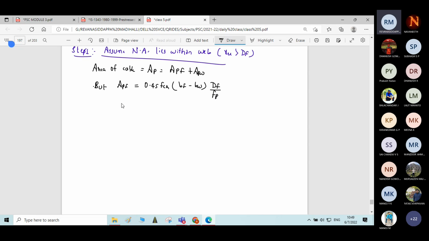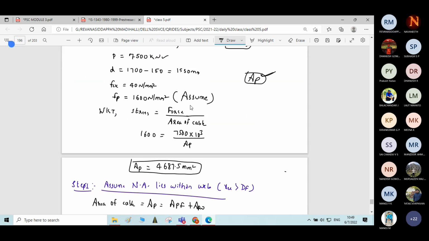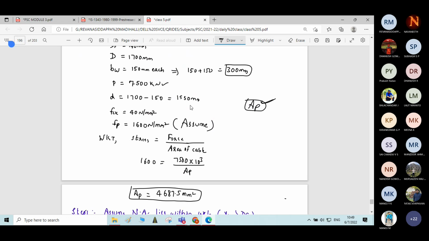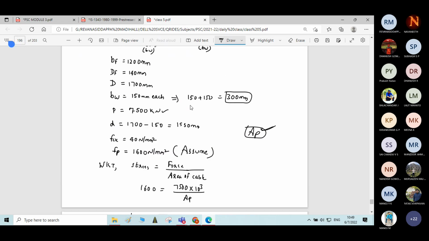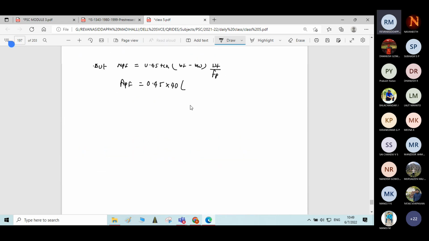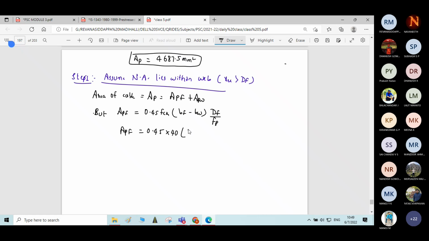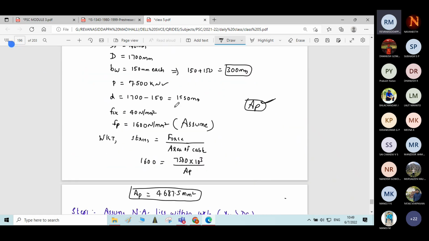Just substitute. APF is equal to 0.45, FCK is given as 40. Width of flange is 1200 mm, minus width of web. Okay, it is 300 mm, not 150 mm.